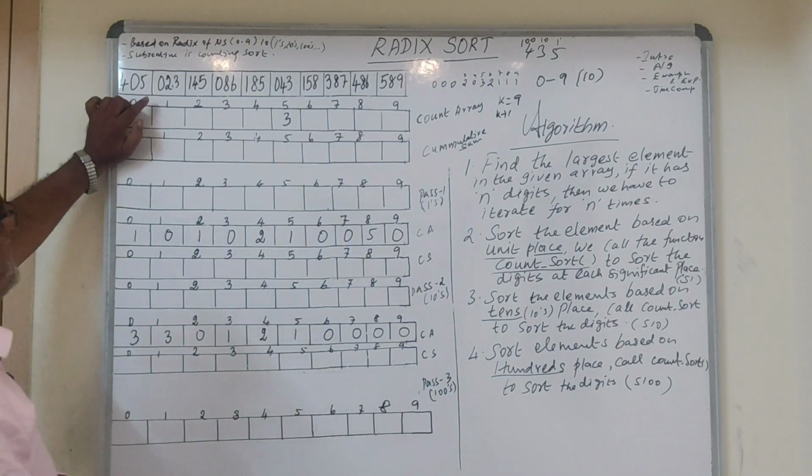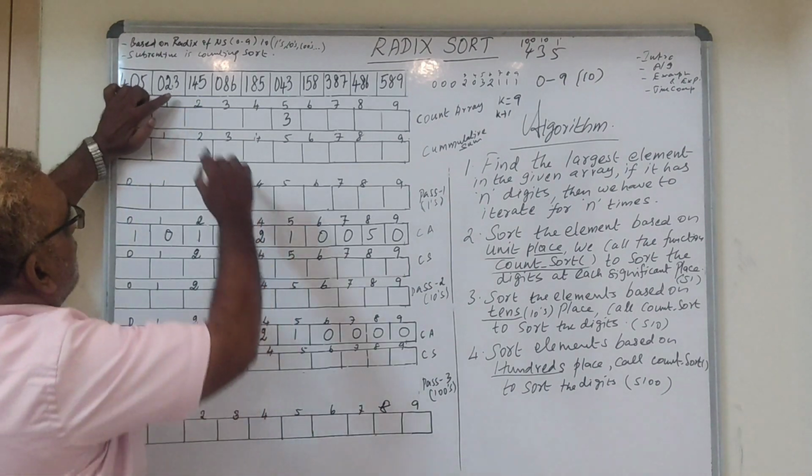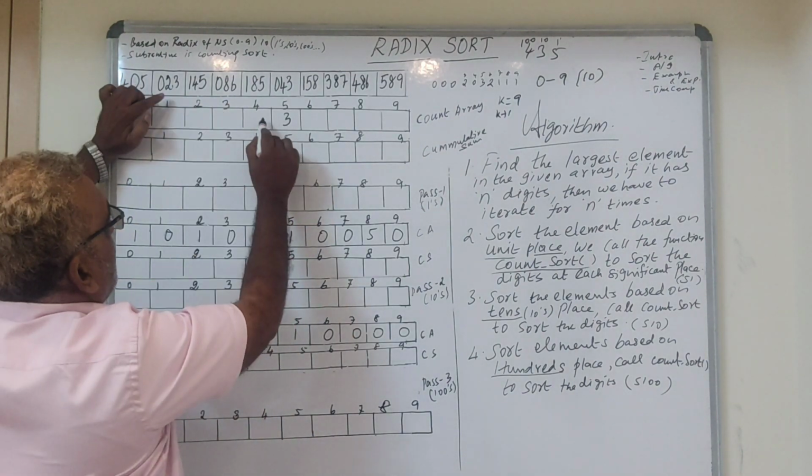Similarly, find how many times 3 occurs. 3 occurs 2 times.